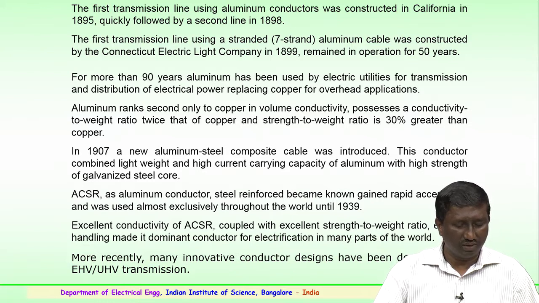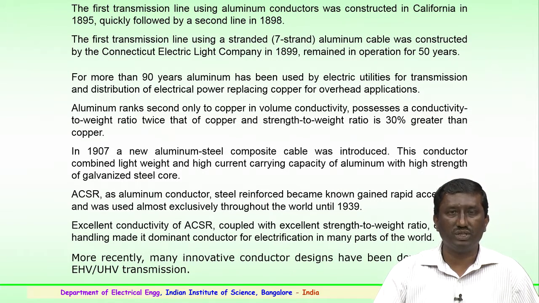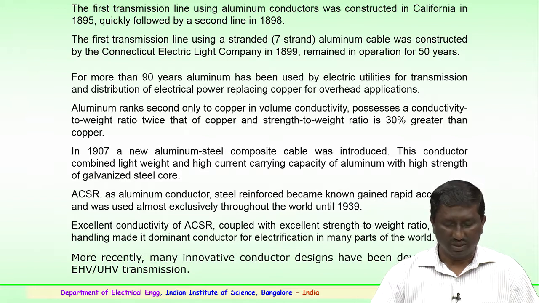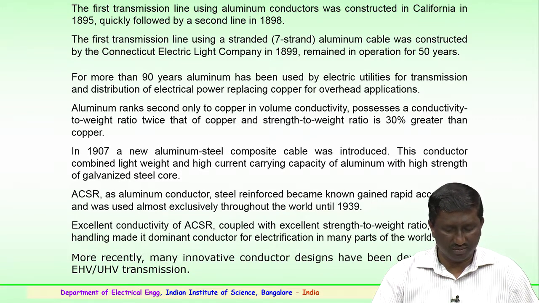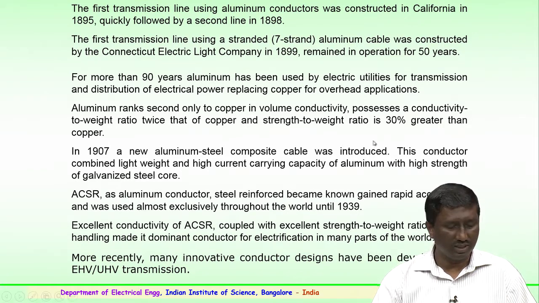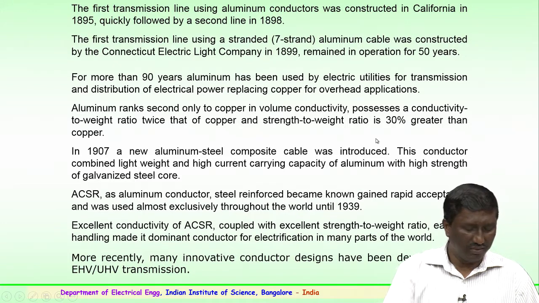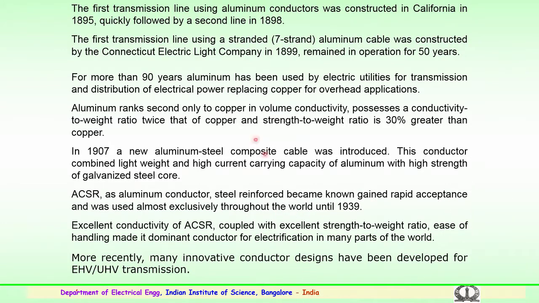In 1907 a new aluminum steel reinforced composite cable, that is a conductor, was introduced. This conductor combined the light weight and high current carrying capacity of aluminum with the high strength of a galvanized steel core.